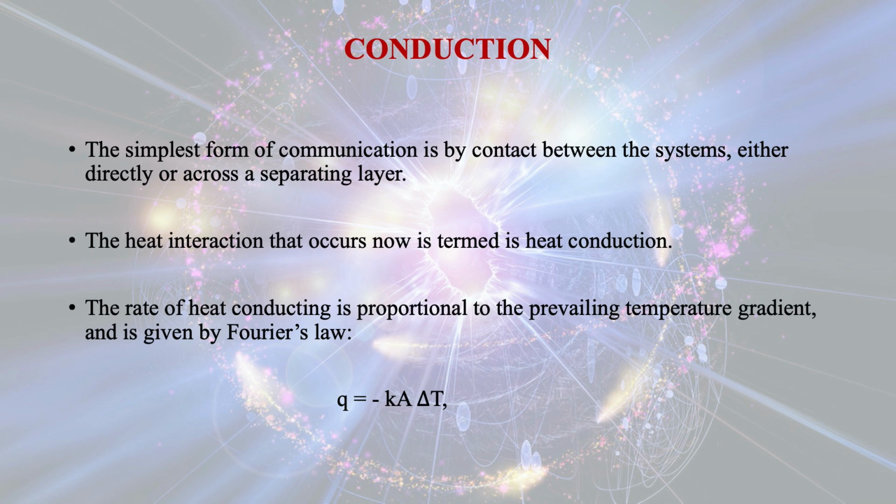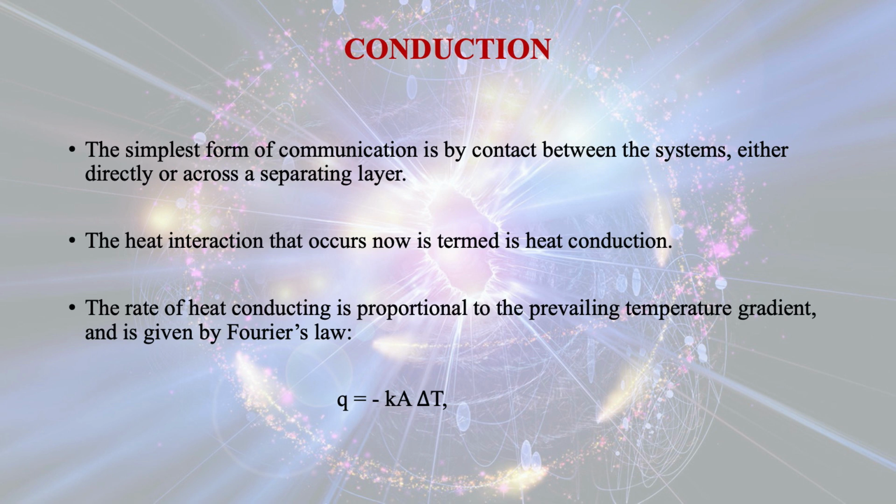Now, conduction, the simplest form of communication, is by contact between the systems, either directly or across a separating layer. The heat interaction that occurs is termed heat conduction. The rate of heat conduction is proportional to the prevailing temperature gradient and is given by Fourier's law.